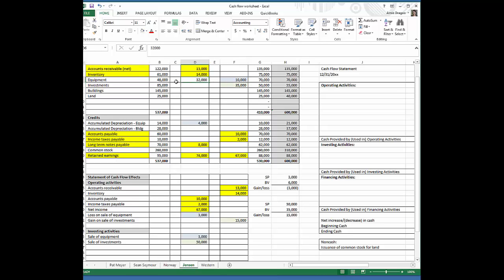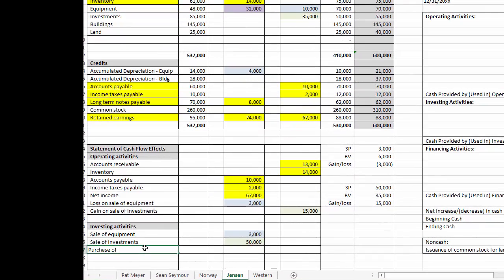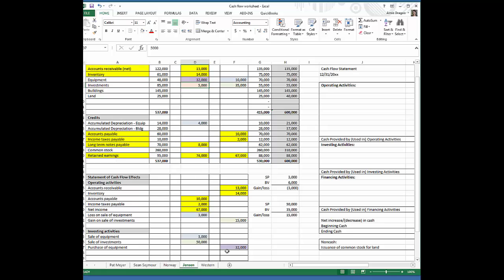In other words, 48 plus 32 minus 10 will give me the 70 that I'm looking for. So we must have had a cash purchase for equipment of $32,000, which would go into investing. In investments, we must have had a $5,000 purchase because that will get us in balance. And the $5,000 offset would be down in investing.